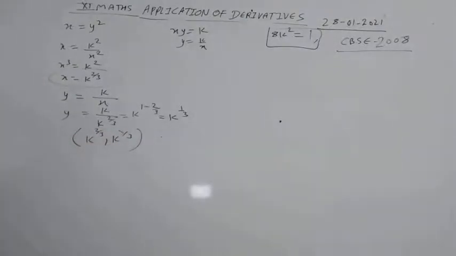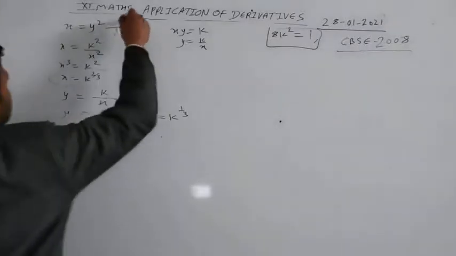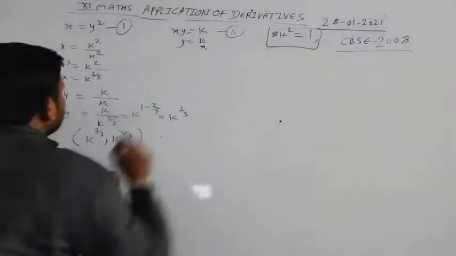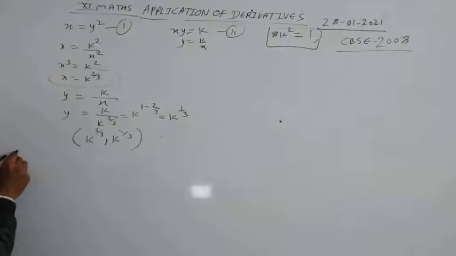Okay, now we will differentiate this first equation and this second, and find the slopes. So x = y², or we can write y² = x.